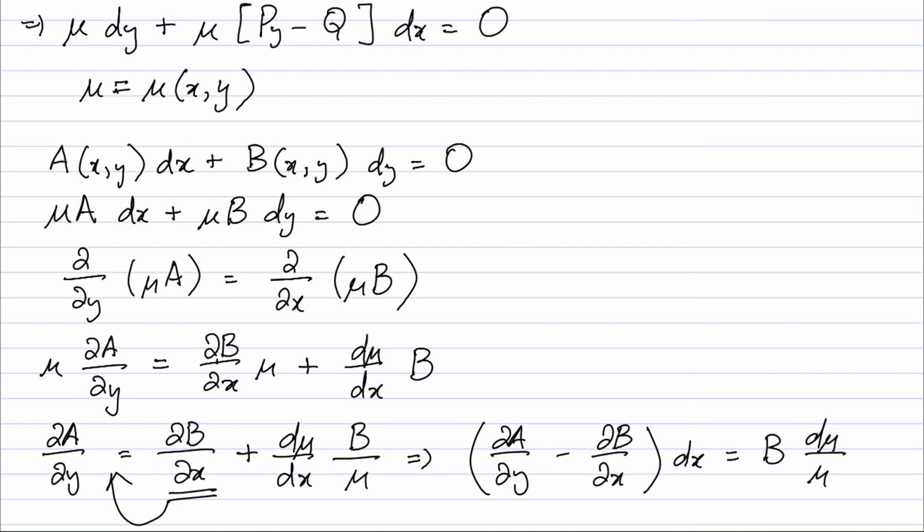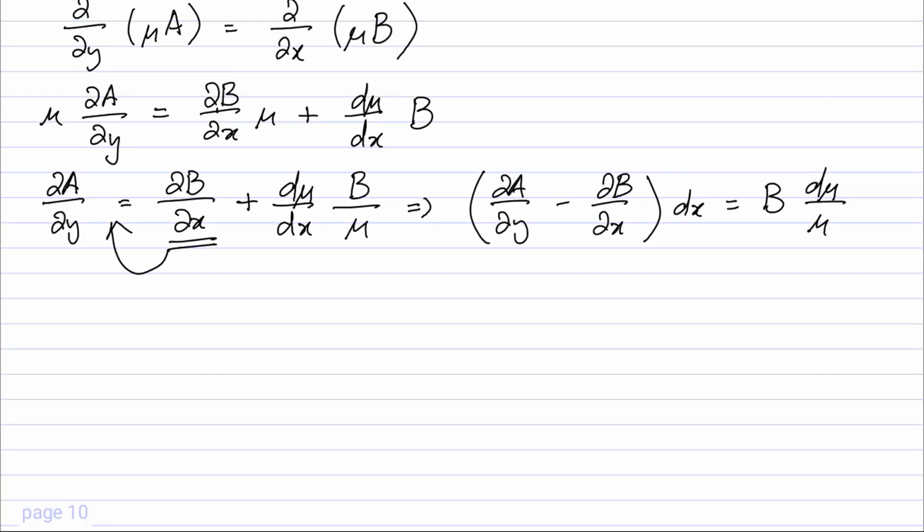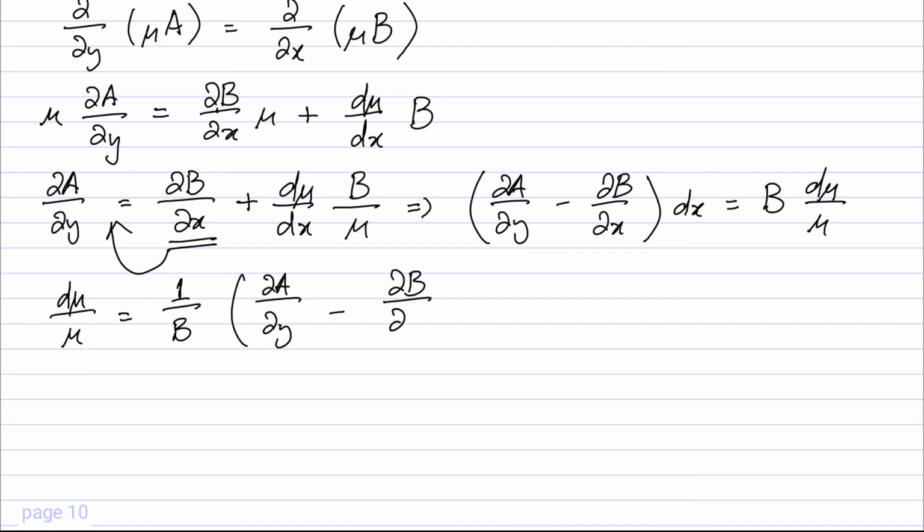Of course I can bring b to the other side, so I have d mu over mu is equal to 1 over b times partial a with respect to y minus partial b with respect to x, dx. So that's what I have.